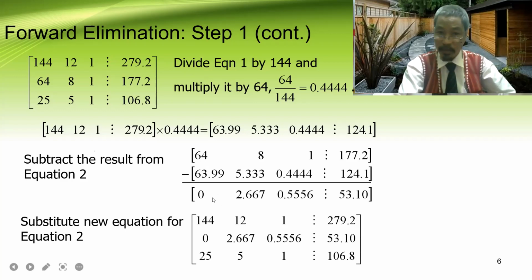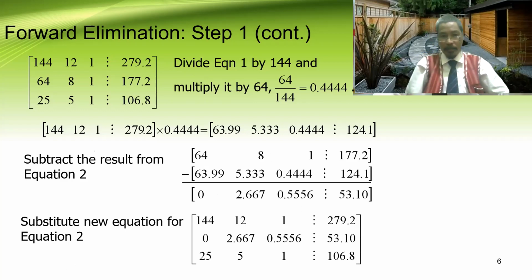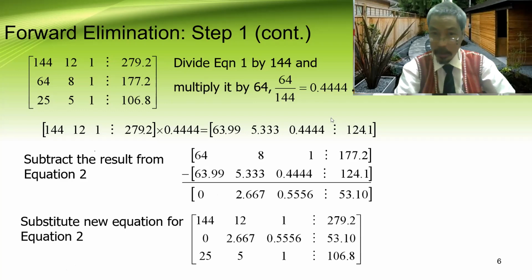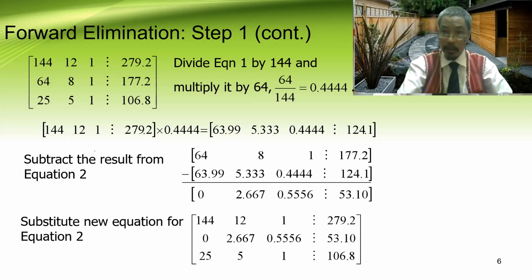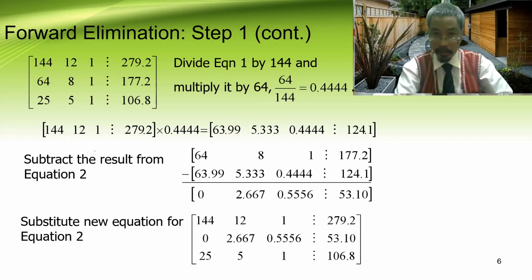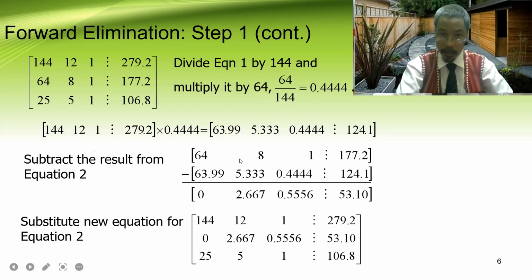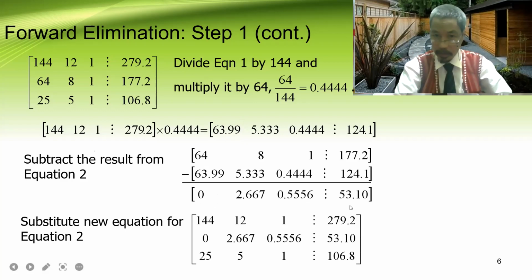And we just assume that it is 0 and then do the process. We are sure that this is just a matter of rounding error. That's why we come up to this equation.